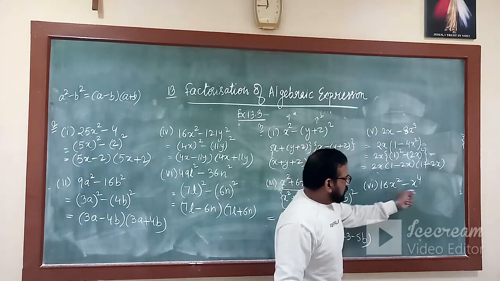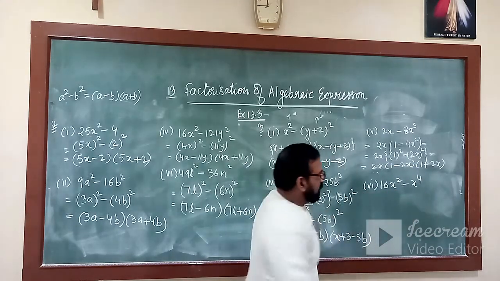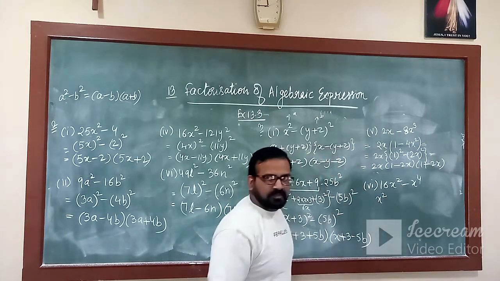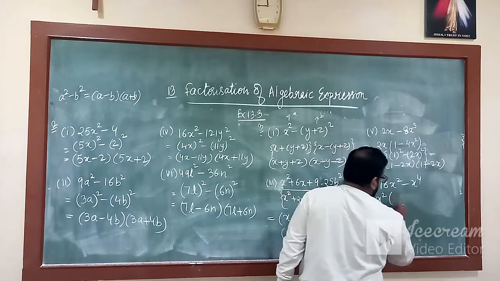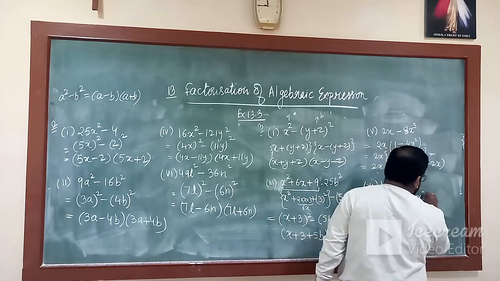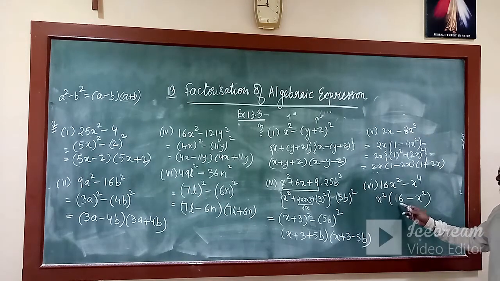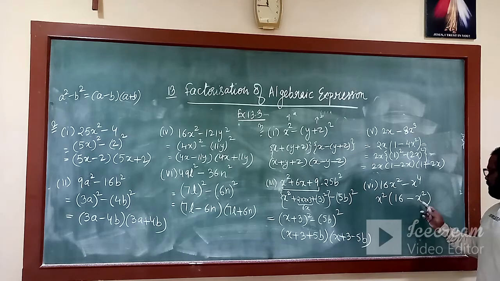Now in this again, if you see very carefully, we can take x square as common. Is it or not? So what is left? 16 minus x square. But is it completely factorized? No. Because again, this can be written as 4 square. This is already a square. A negative sign is there.